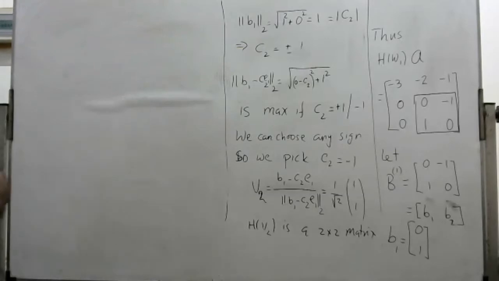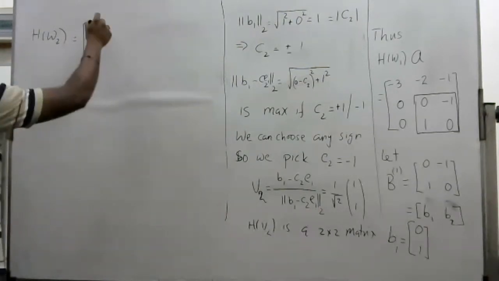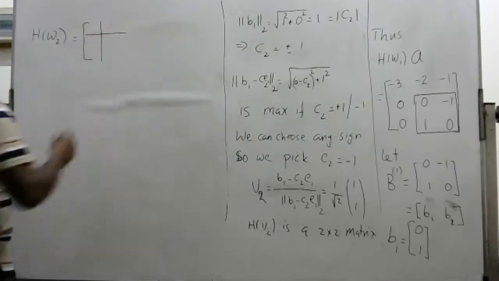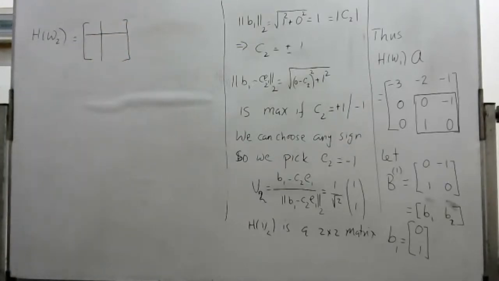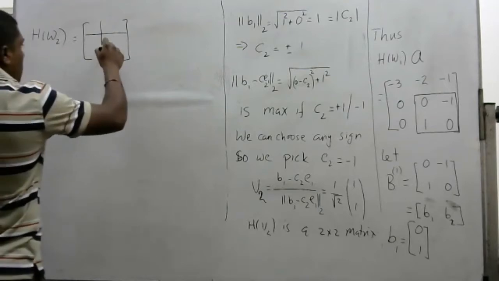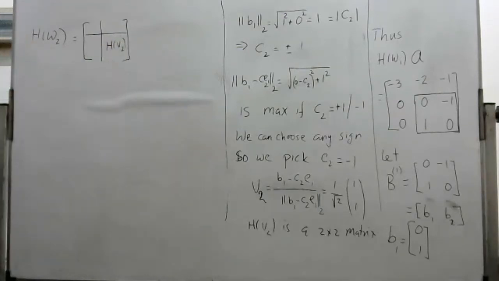Right? So you have to choose an H omega 2 which should be a 3 cross 3 matrix. Right? So here you know that you have to make blocks. So here you put HV2, that is a 2 cross 2 matrix.